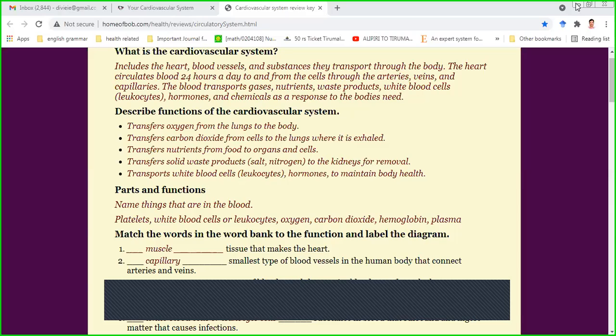Similarly, from the downside of the body, the internal organs and legs, the blood fills through the inferior vena cava into the right atrium. In the right atrium the blood fills in. So this chamber is filled with the collected blood from the head, arms, legs and the internal organs.